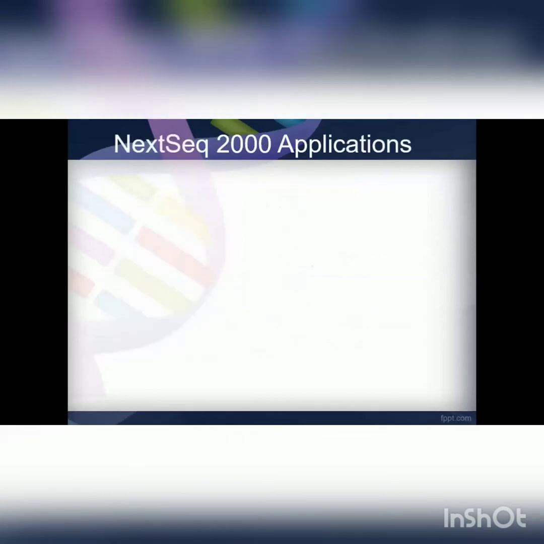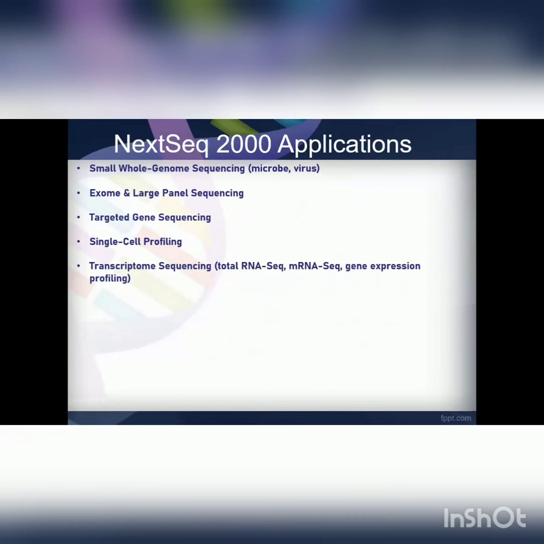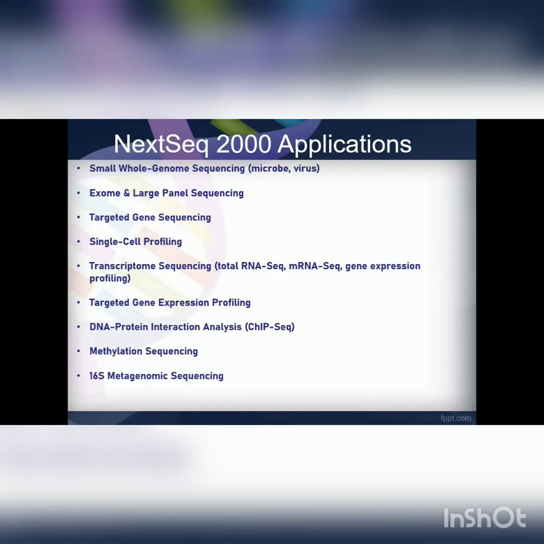It has a vast number of applications, and these include small whole genome sequencing of microbes and viruses, exome and large panel sequencing, targeted gene sequencing, single cell profiling, transcriptome sequencing such as total RNA sequencing, mRNA sequencing, gene expression profiling, targeted gene expression profiling, and ChIP-seq, that's the interactions between the proteins and DNA, and methylation sequencing, 16S metagenomic sequencing, cell-free sequencing, and liquid biopsy analysis.